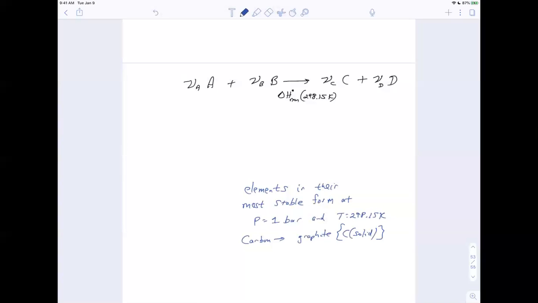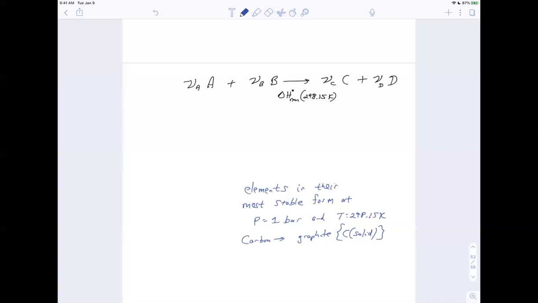So in this reservoir of elemental forms of our chemical species that are most stable at the pressure and temperature of interest, the elemental form for carbon is graphite. Okay, so graphite is C solid. For oxygen, it would be O2. For hydrogen, it would be H2, et cetera, et cetera. Okay, so these are the most stable forms of the elements.